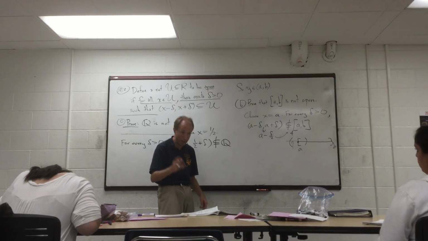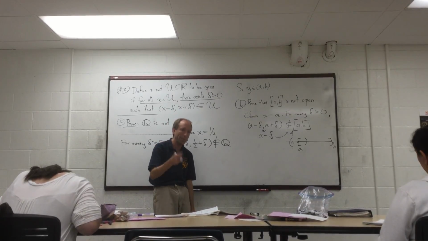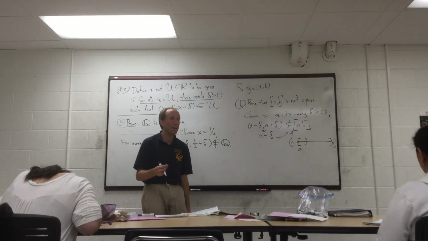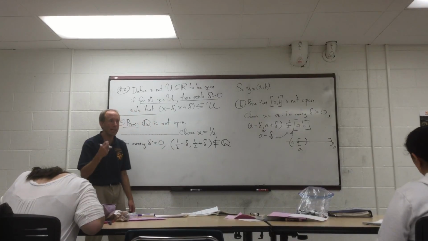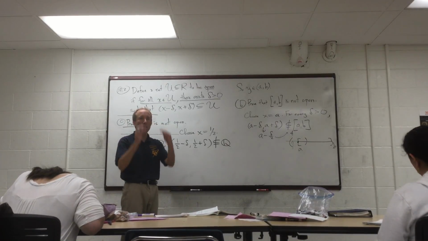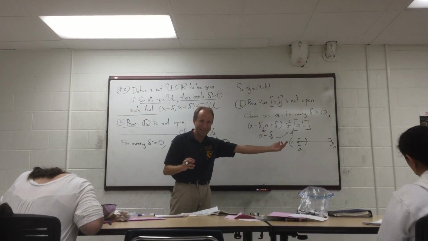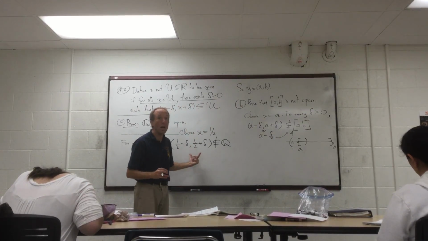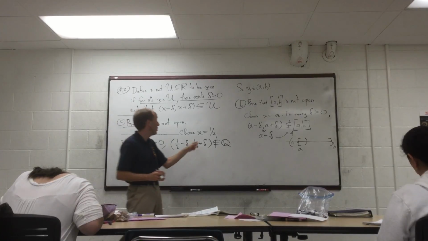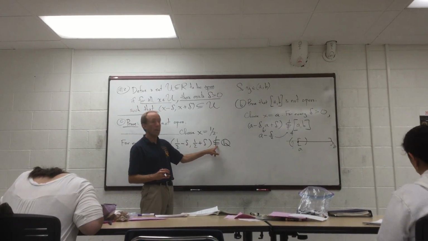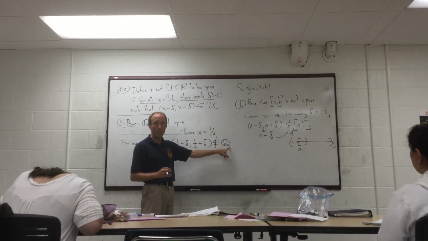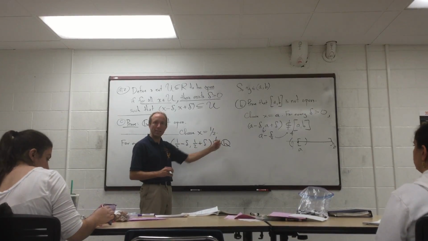Go back to the definition of a dense set, which you should review. It says every open interval has to intersect that set. Here's an open interval that would not intersect the irrational numbers if this was a subset of Q. Does that make sense?